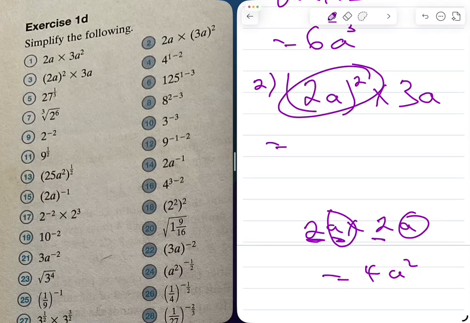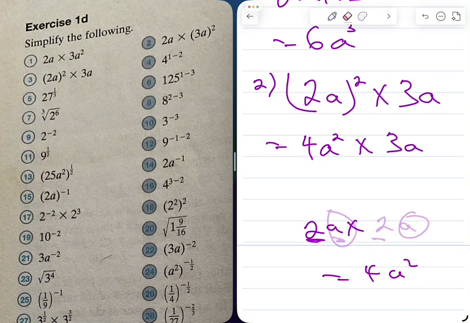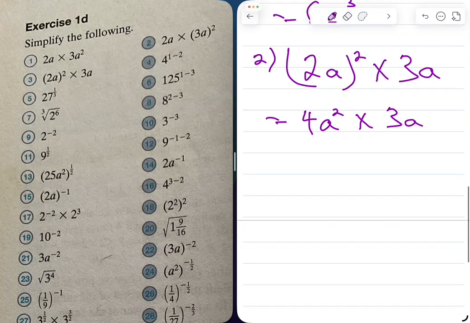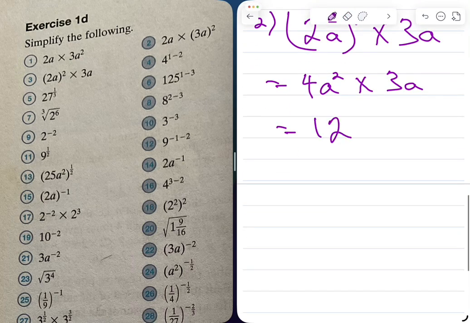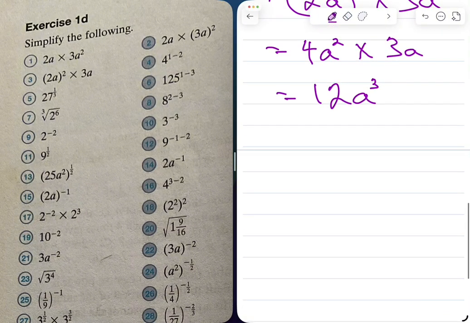This simply means 2 square, which is 4, times a square, which is a raised to power 2, and then times 3a. And that is the same as 4 times 3, 12, a raised to power 2 times a. A is simply a raised to power 1. So a raised to power 2 times a raised to power 1 is a raised to power 2 plus 1, which is a raised to power 3. Now we go to the next.